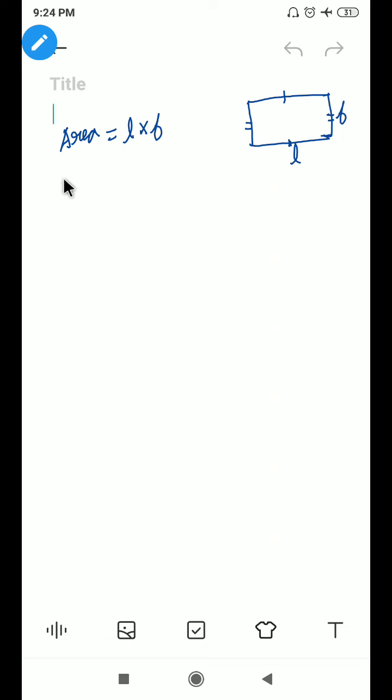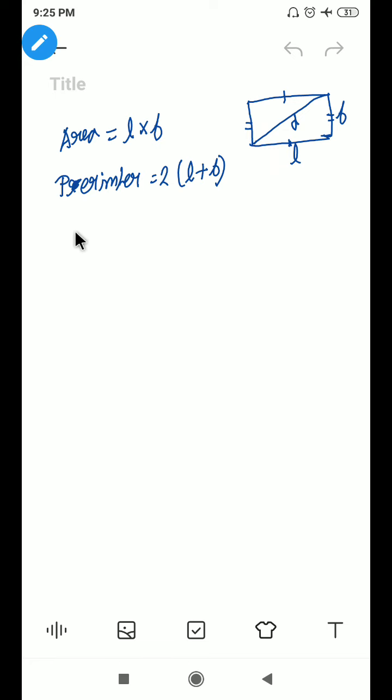Now how to find out the perimeter of the rectangle? So perimeter will be 2 into (length plus breadth). Now suppose this is the diagonal of the rectangle, denoted by D. How to find out this value?